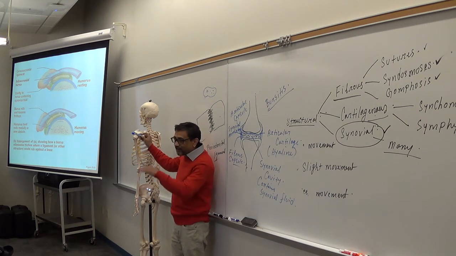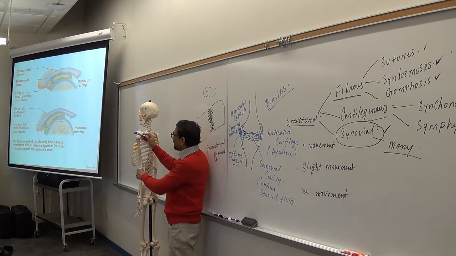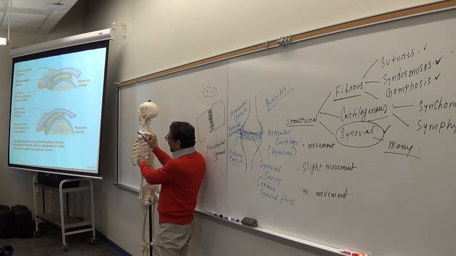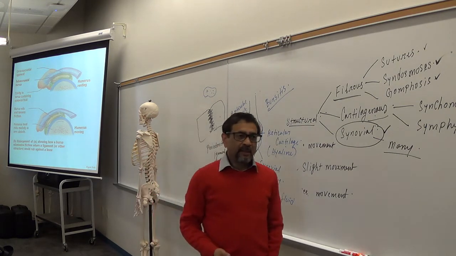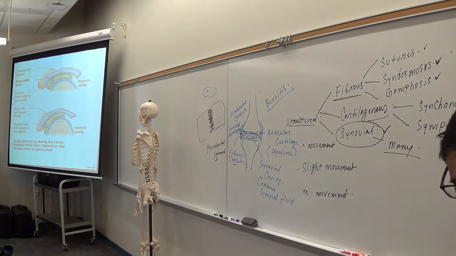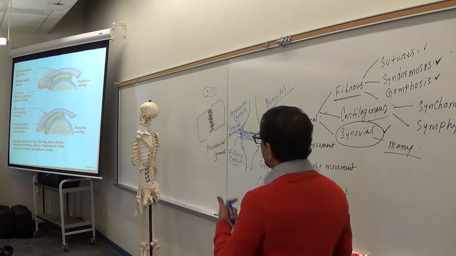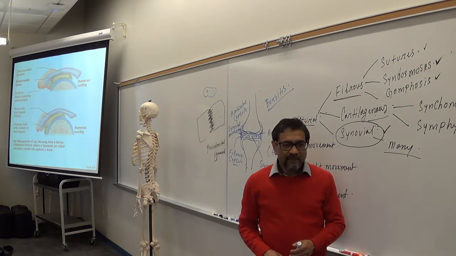That's why it is called acromial bursa. Make sense? Sub means under the acromial. So when you move your humerus, this bursa rolls here. Okay, under that bone and ligament, coracoacromial ligament is there. So it reduces the chance of friction. Okay.